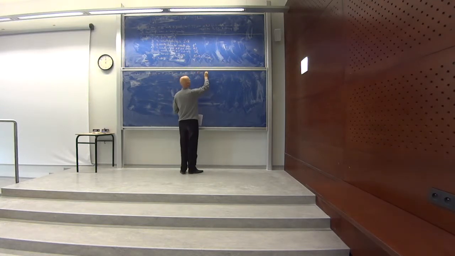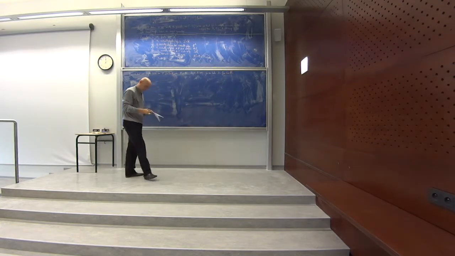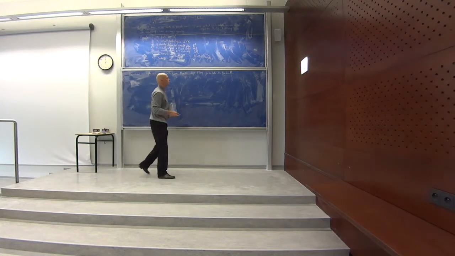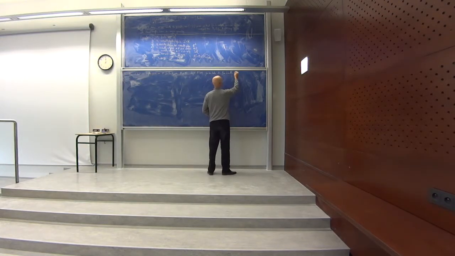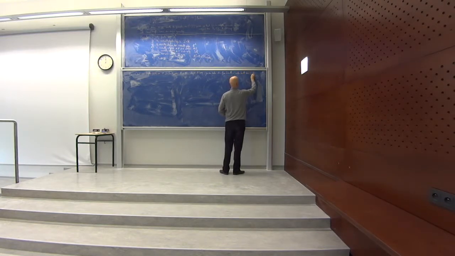So you can take also N to be a fiber bundle, a surface bundle over the circle.